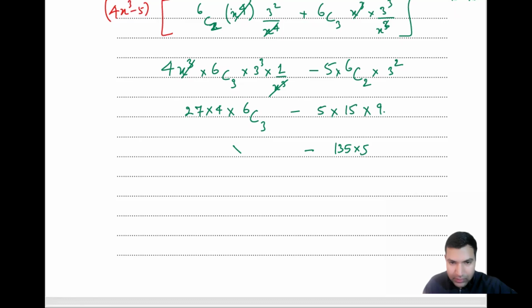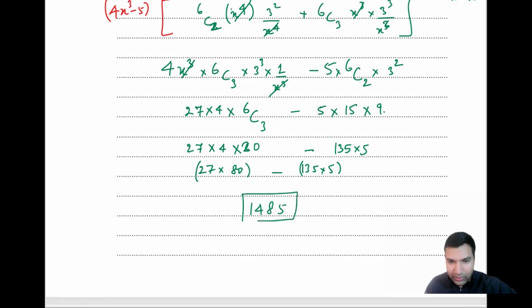Okay, so 6c3 gives you 6 factorial over 3 factorial times 3 factorial, 120 over 6, which is 20. So this turns out to be 4 times 20, 80, times 27 minus 135 times 5. So if you do this using the calculator, the final answer is 1485, and that's your answer.